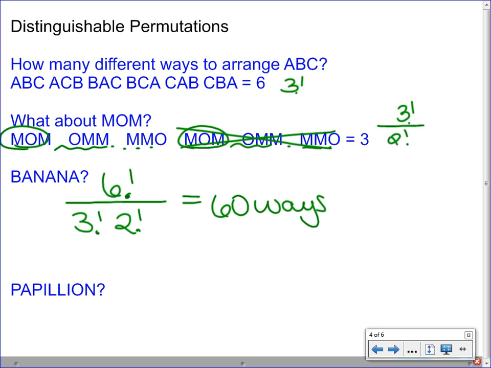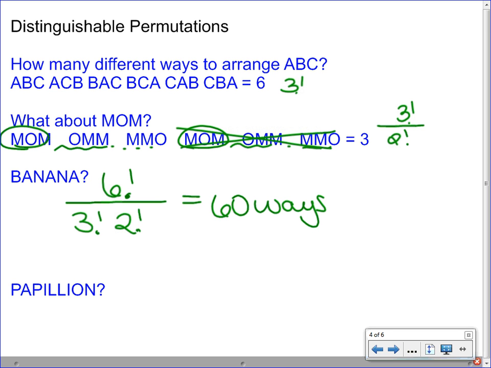I got 60,000. Now, when you have more than one number being multiplied in the denominator, it needs to be in parentheses.